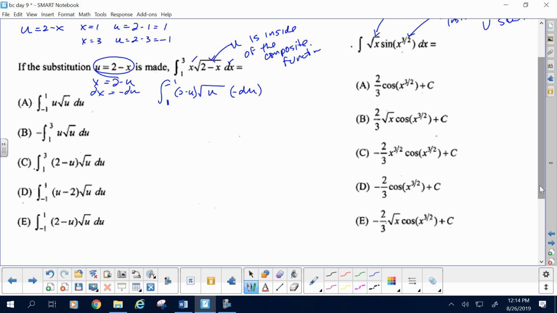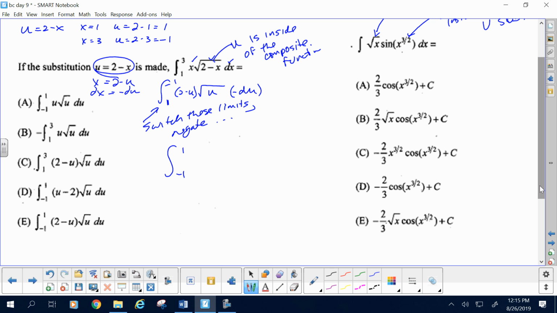All right? Looking at their choices, I don't see that as a choice. So, what is a rule for definite integrals we're going to use? Yeah, when you switch these limits of integration, you negate. So if I change those to negative 1 to 1, I negate.